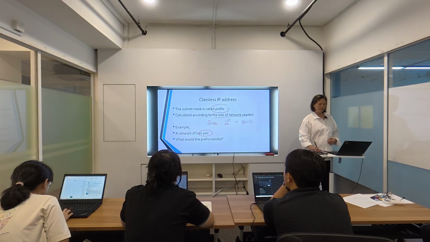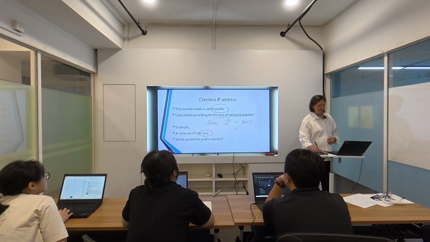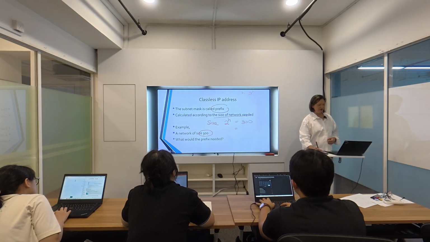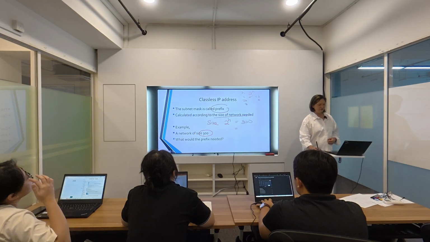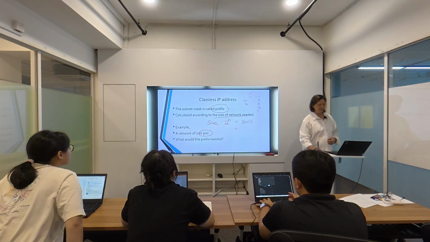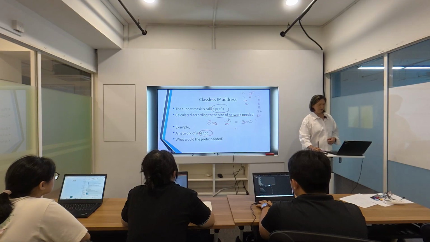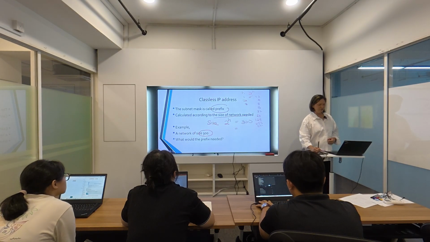So we know that 2 to the power of h, the nearest to 300 would be, now, 2 to the power of 1 is 2, 2 to the power of 2 is 4, 2 to the power of 3 is 8, 16, 32, keep on times 2, 64, 128, 256, 512.